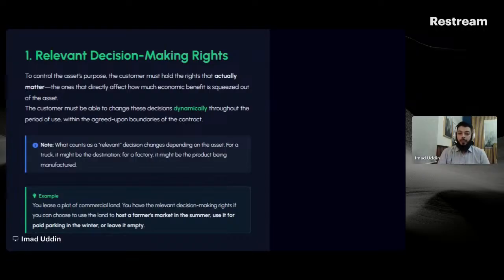So what counts as a relevant decision changes depending on the asset. For a truck, it might be the destination. For a factory, it might be the product being manufactured. So the relevant decision might be based on what the asset is.